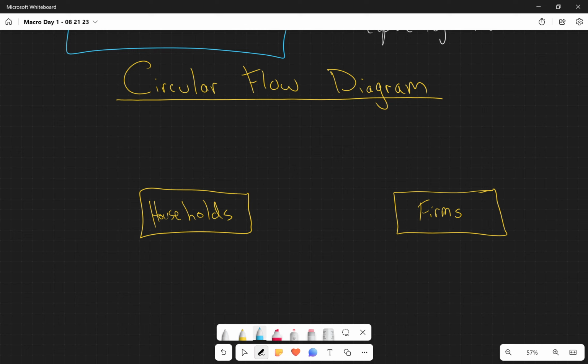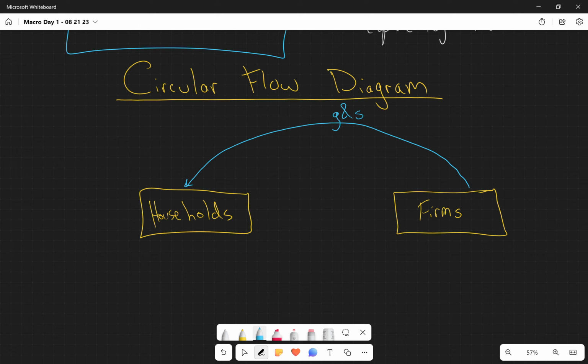And what we do know is we know that households buy things from firms, right? Households purchase goods and services from firms. So we have goods and services, which I don't think we got to this last time, but goods and services we're going to abbreviate by G and S for the rest of this class, just because we say it way too much.